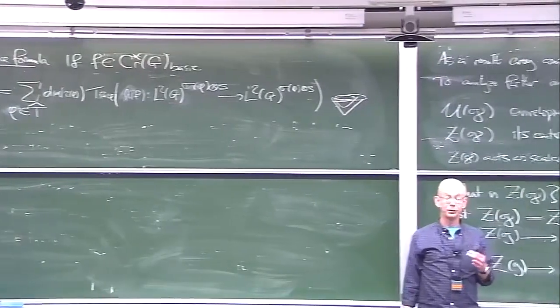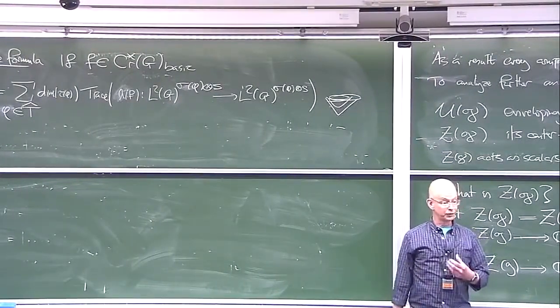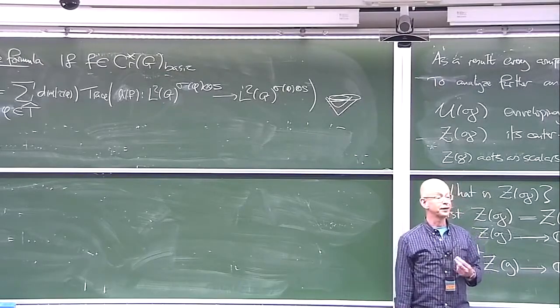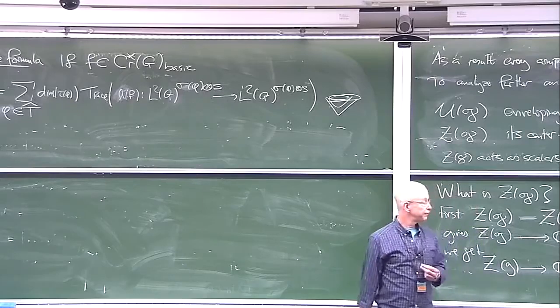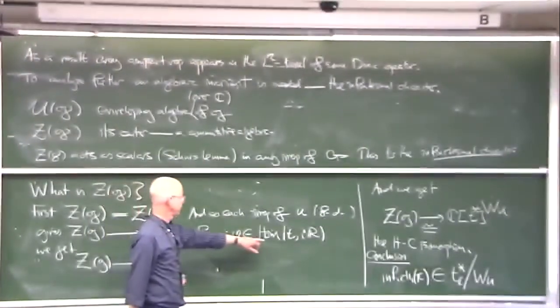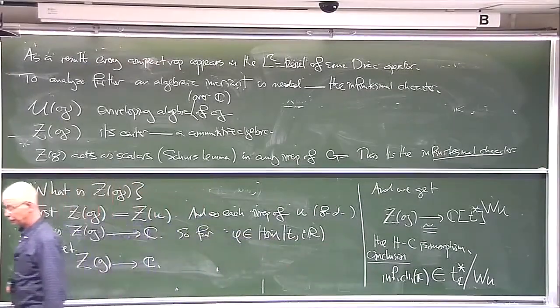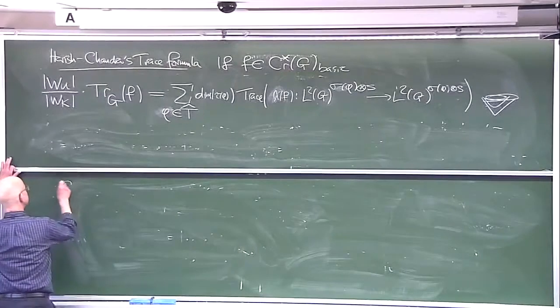You can calculate what is the infinitesimal character of any representation, which is the representation of G by translation on the kernel of a Dirac operator. You can just calculate it. And what you find is that the character agrees with one of these characters of finite dimensional representations here. And so you end up with the following rather beautiful consequence of Harish-Chandra's formula.